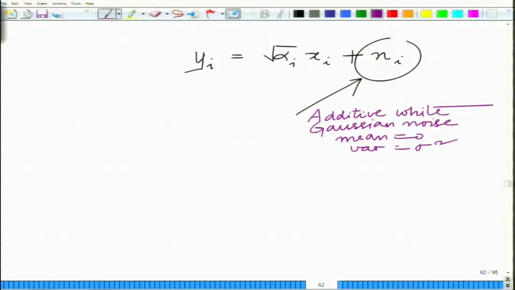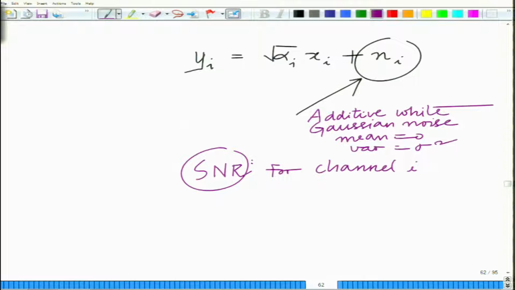And so, if you look at the SNR for channel i, SNR is nothing but the signal to noise power ratio.